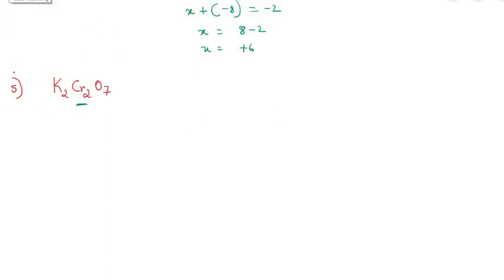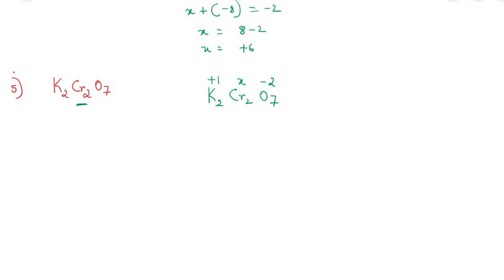Now you are supposed to find the oxidation state of chromium in K2Cr2O7. K2Cr2O7 is called potassium dichromate. So I'll write here K2, followed by Cr2, and then followed by O7. Oxygen I know, it is -2. Chromium I don't know, that will be X. Potassium I know, that will be +1.